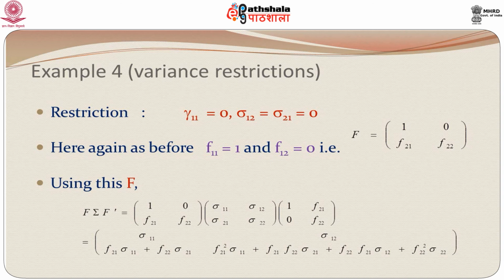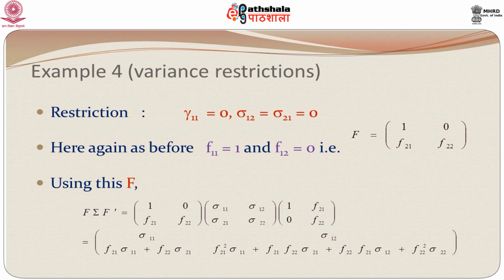Now, if you look at this, and if you look at the condition that the covariance is 0 in sigma, then this condition translates to the second row first element being 0 as well in the F sigma F prime matrix. So, this means f21 sigma 11 plus f22 sigma 21 is equal to 0.